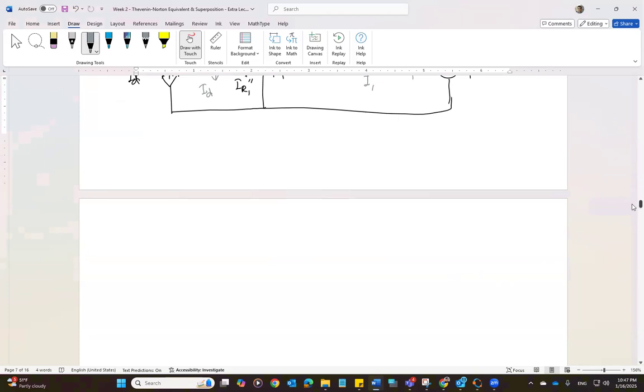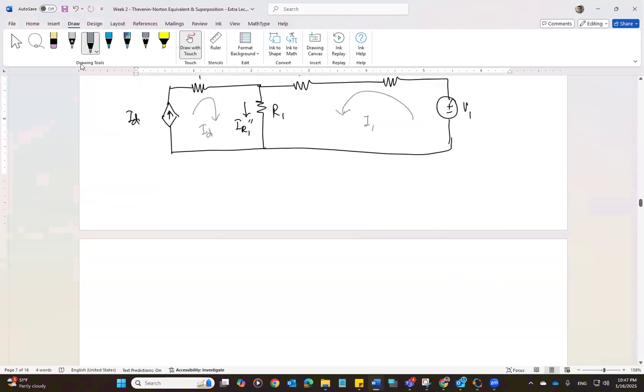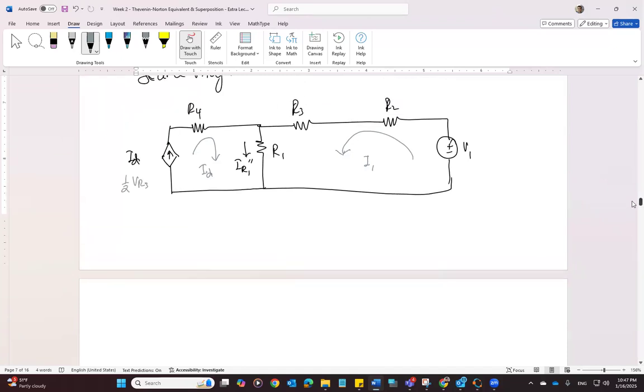So all we have to do is write the equation for I1. Since ID is half of VR3, I believe this is VR3. So VR3 simply is I1 times R3.